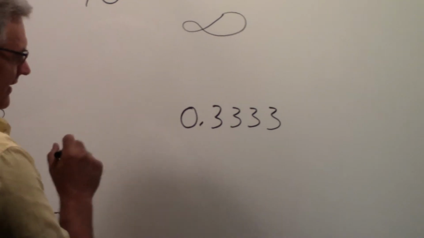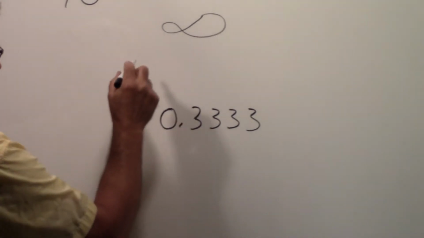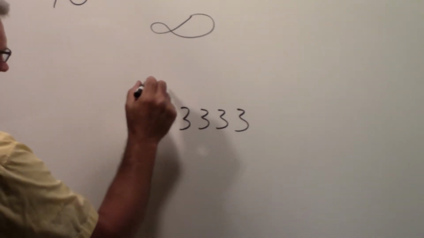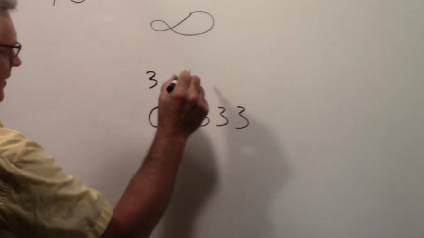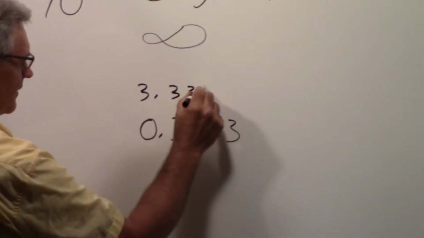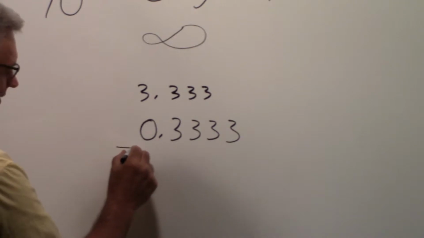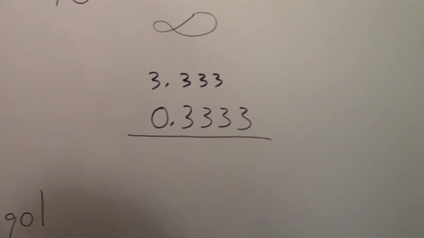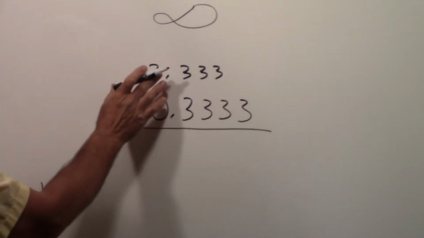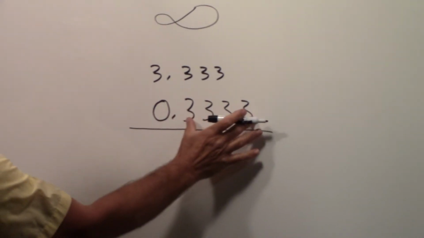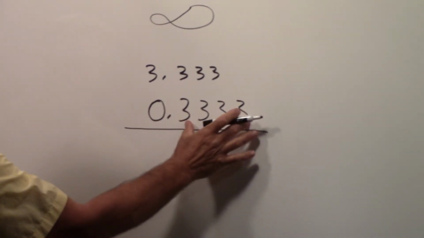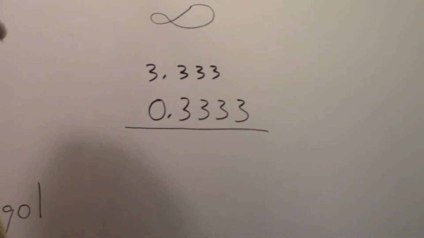And we multiplied that number by 10. We would get 3.333. And you can see if we subtracted these numbers, we're going to get something from this side because there's not a 3 here to cancel it.